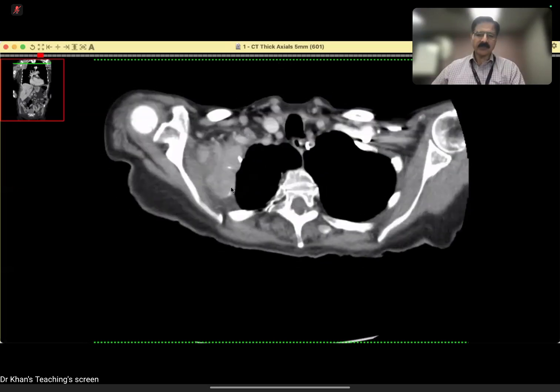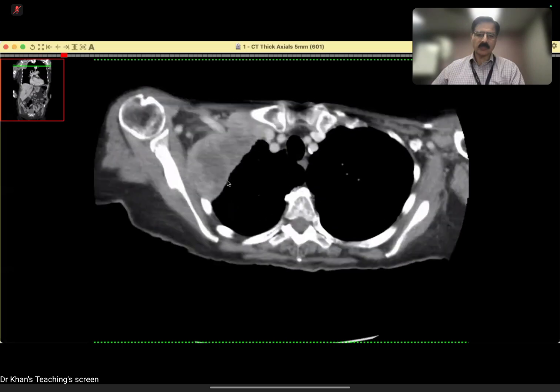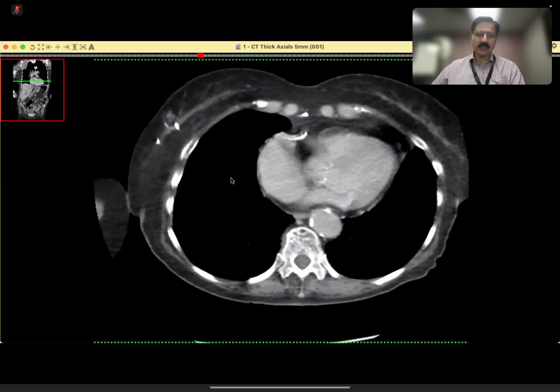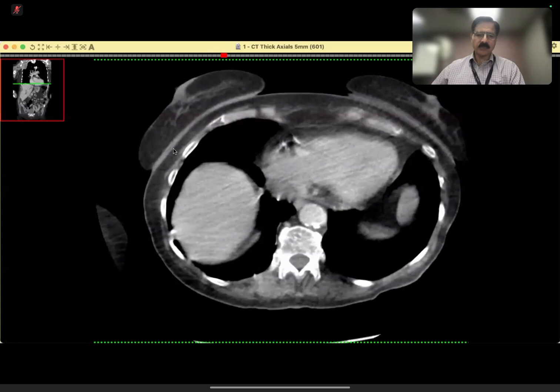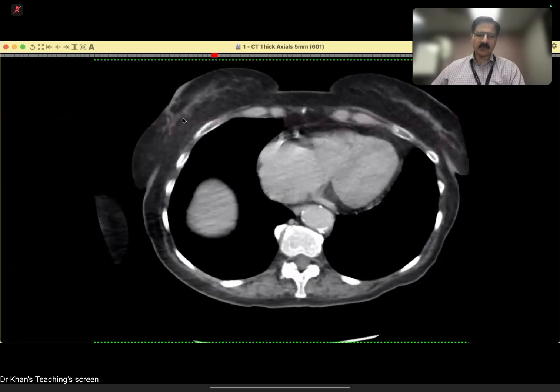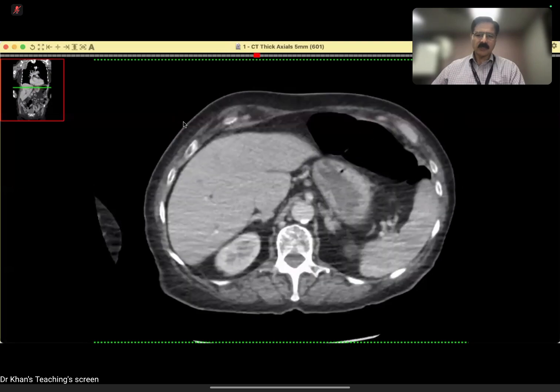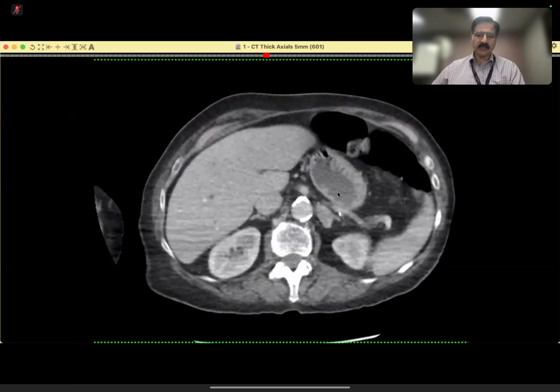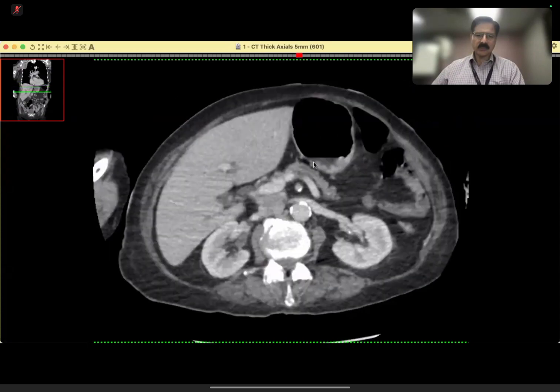And this is the second rib, which is also destroyed. If you look at the breast once again, you will see these clips, and a bit of a partial mastectomy type of appearance. By the way, this patient also had an adrenal nodule, presumably metastasis.